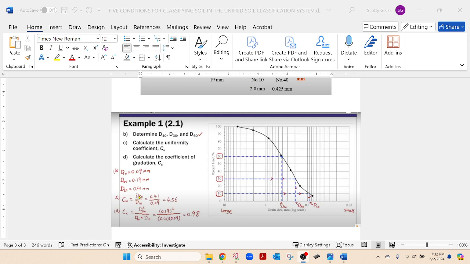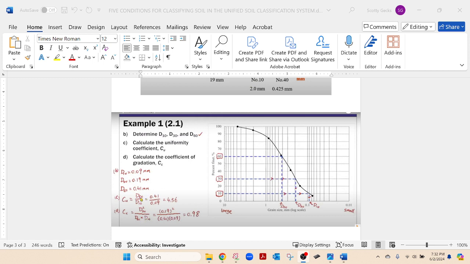Here, look at the formula. This should be D60, and it is. This should be D10, and it is. And this should be D60 also, and this should be D10.